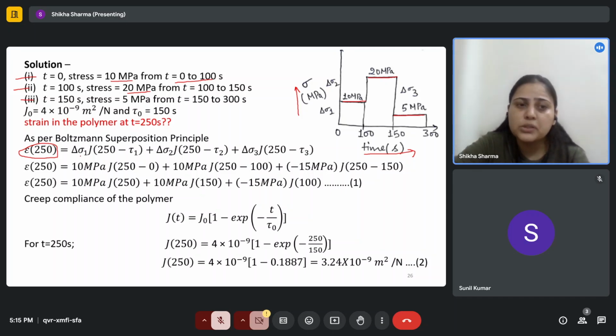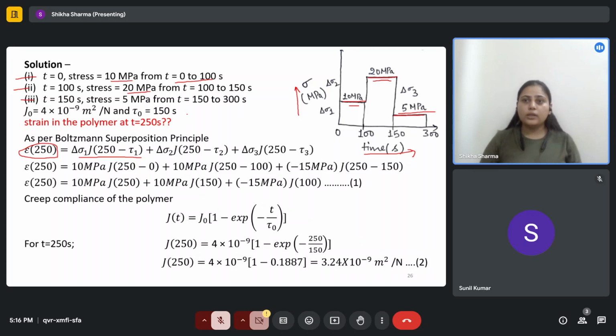So the strain at 250 seconds is equal to the strain due to the stress from 0 to 100 seconds, plus the strain during 100 to 150 seconds, plus the strain because of the last one, from 150 to 300 seconds. The Boltzmann superposition principle takes into account the whole history of the strain.